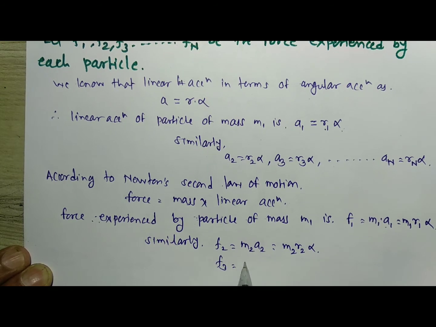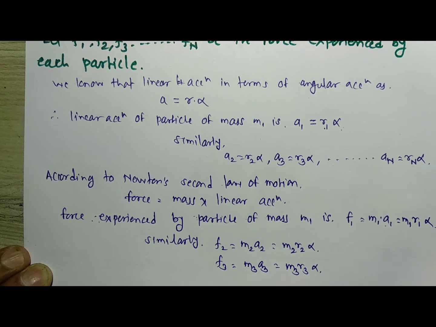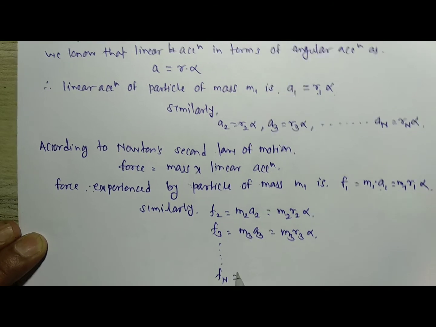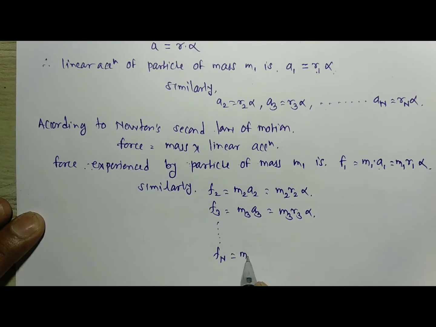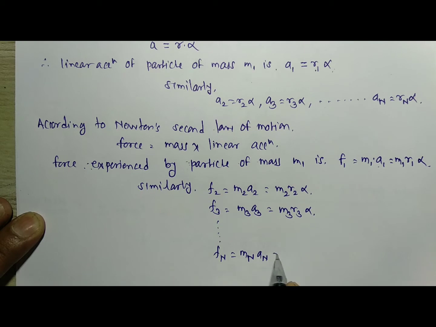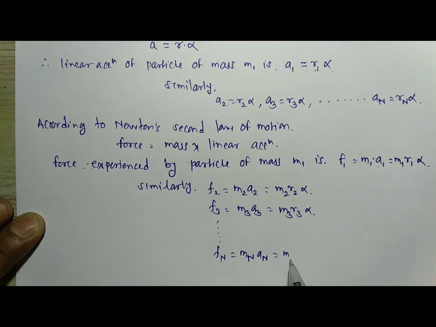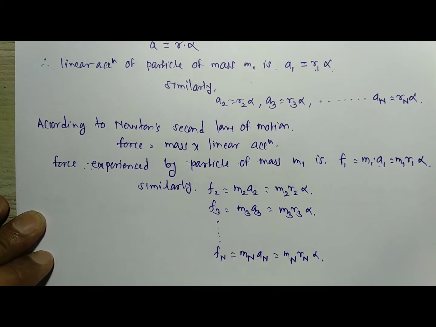F3 is equal to m3 a3, therefore m3 r3 alpha, and so on up to Fn is equal to mn an, and an is equal to rn alpha, therefore mn rn alpha. Those are the forces acting on each particle.